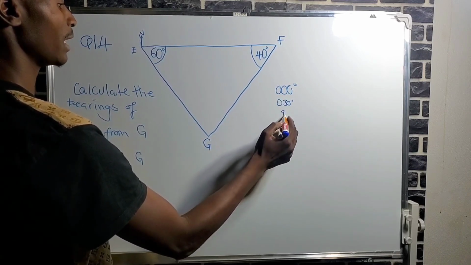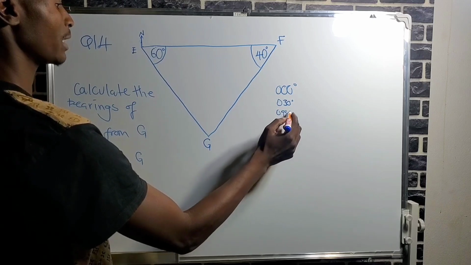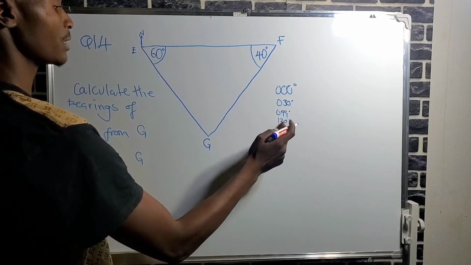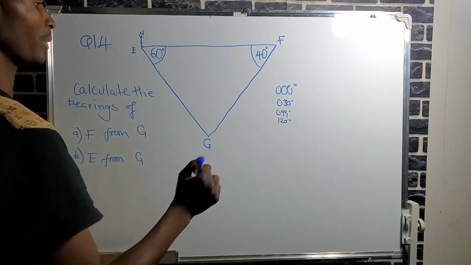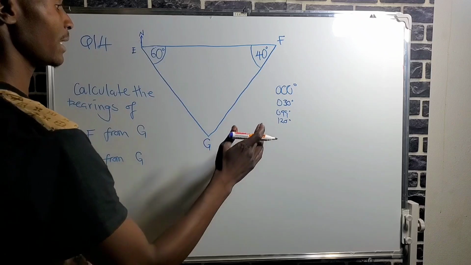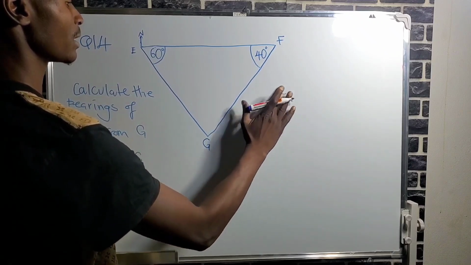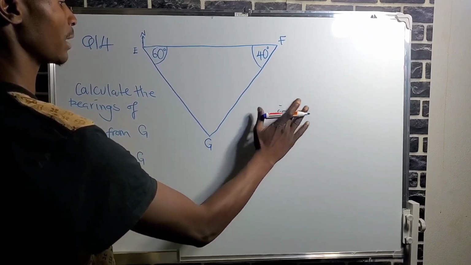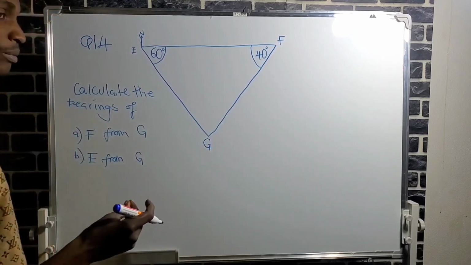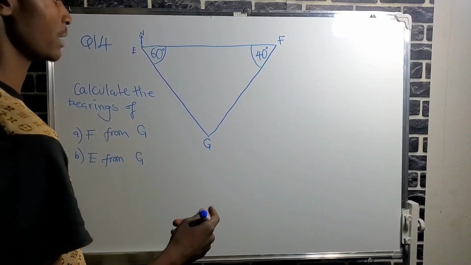If you find 99, it will be 099 degrees. If you find 120, it's still 3 digits, don't add the 0. Secondly, we read bearings clockwise. I'll explain in a few minutes what I mean by clockwise.